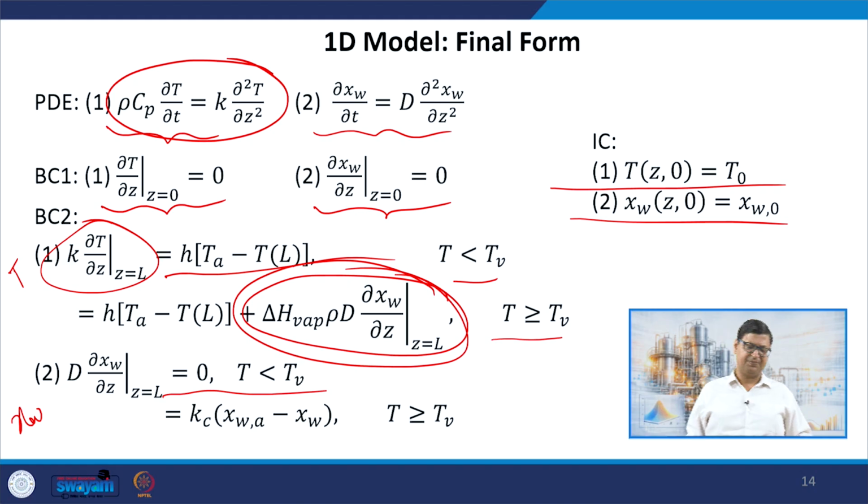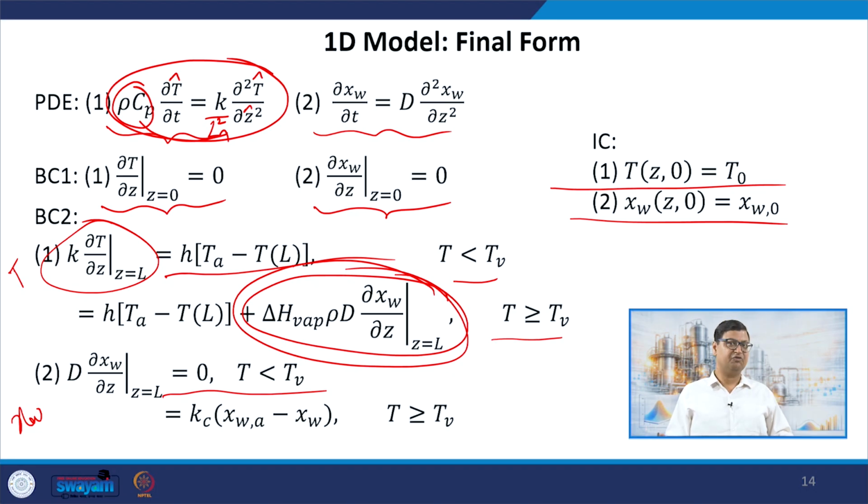So, once we made it dimensionless with respect to temperature, I had something like T cap here, T cap here. When we made z dimensionless, we had z cap here and k by L square coming here. So, once this went on this side, basically we got a time scale rho Cp L square by k, which was the time scale I used in the heat equation of a slab.